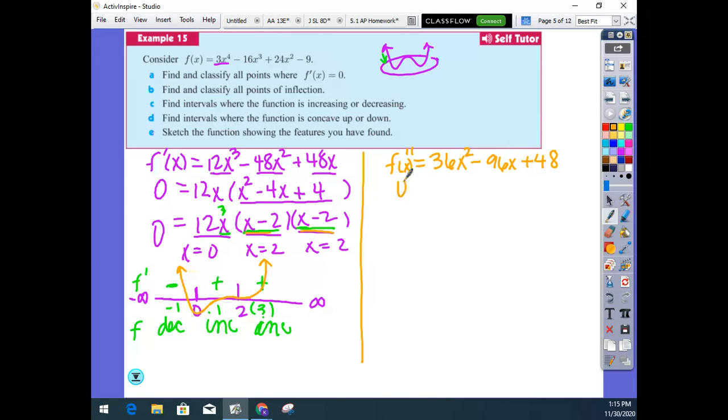Okay. Then we set the second derivative equal to 0. We're going to follow exactly the same steps that I just did with the first derivative. All right. There's a GCF of 12. I'm going to divide everything by 12.